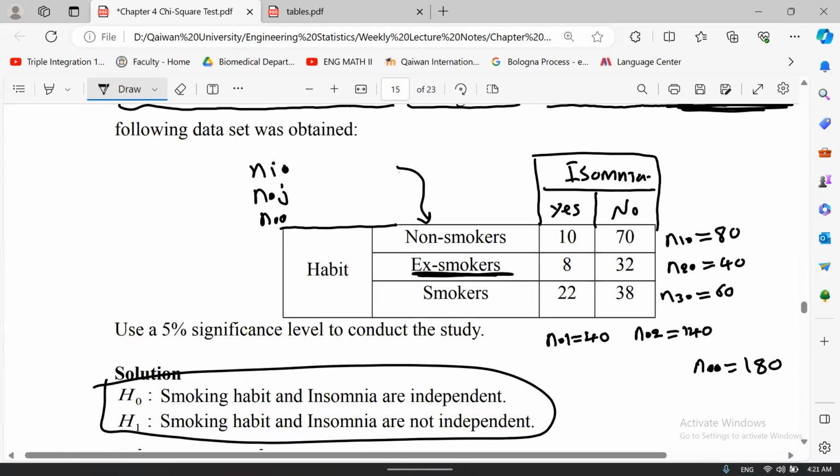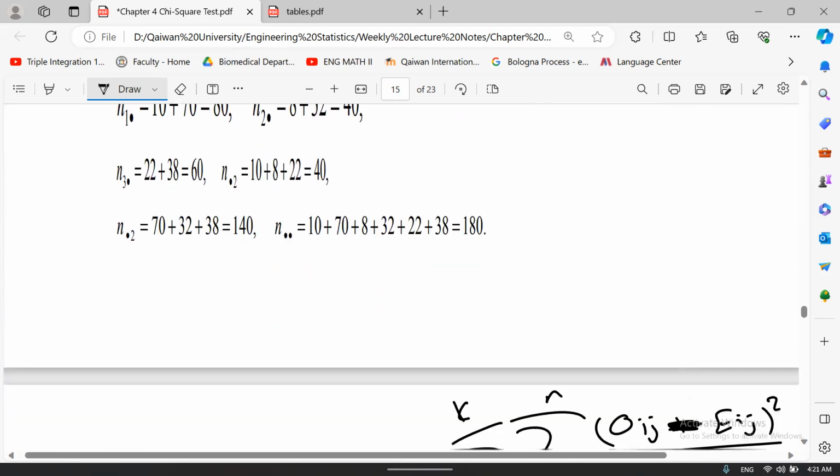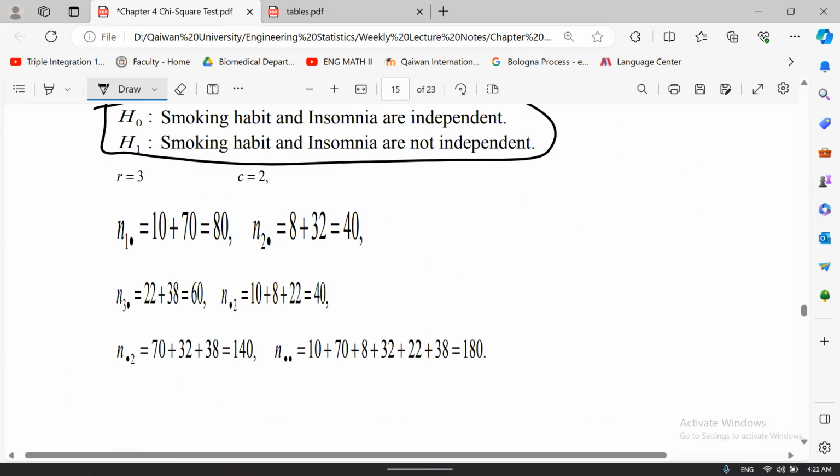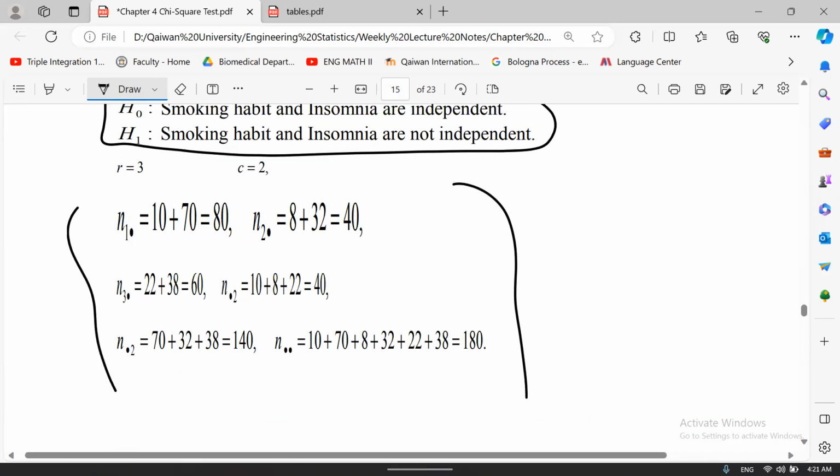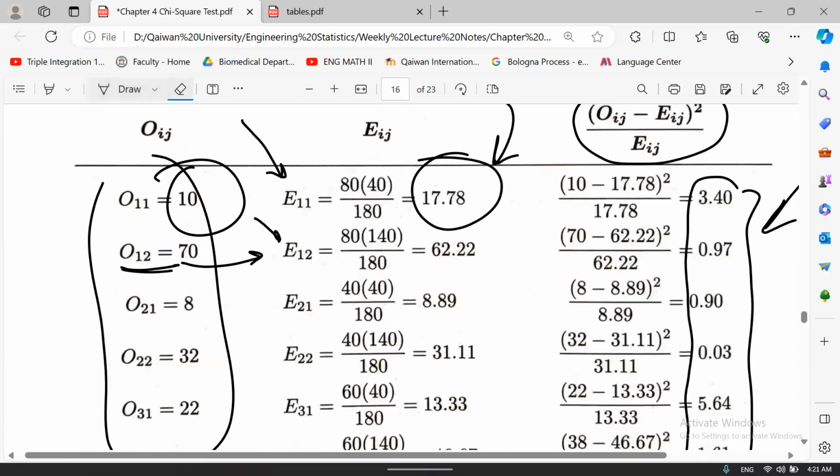Then, how many observed frequencies do we have? We have O11, O12, O21, O22, O31, O32. We must have the same number of expected frequencies. We make a table. Look, these are all the given data. Then we make a table like this.